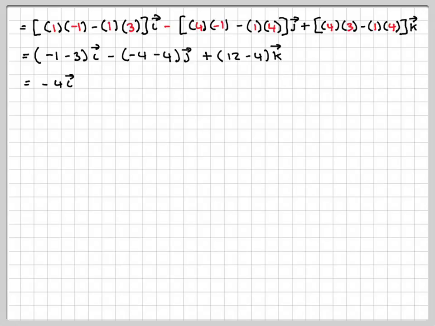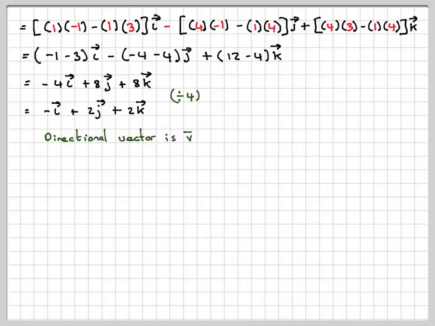Minus 4 minus 4 gives you minus 8, that will give you plus 8j because of that minus sign there. And then 12 minus 4 will give plus 8k. They're all divisible by 4, so that will be minus i plus 2j plus 2k. You should do that because it makes everything more simple. So the directional vector is v = (minus 1, 2, 2) as required.